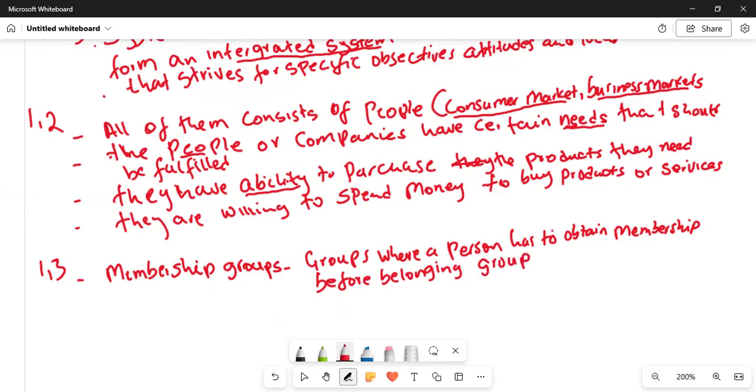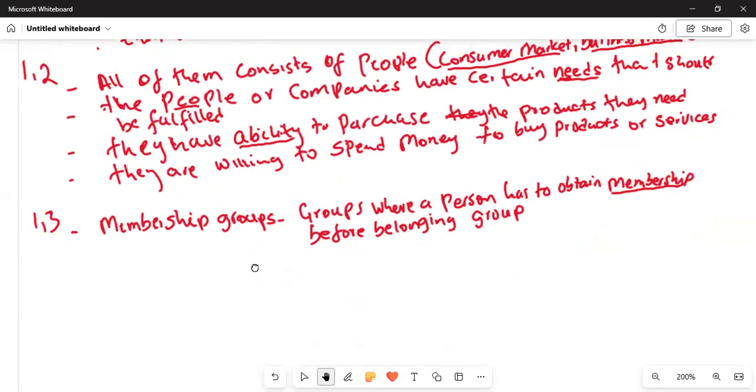So you have to be a member, you have to obtain membership before you can join a group. For us to say you are a member, you need to have obtained the membership. You can talk about ball clubs, they have branches where you are to obtain membership to be part of that club.